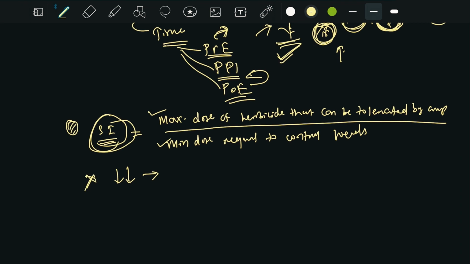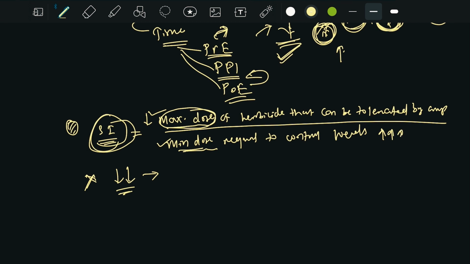Why? Because suppose you are expecting that the selectivity index will be lower. How will it be lower? If the maximum dose that can be tolerated by the crop is lower, then the selectivity index will be lower. Or if the minimum dose required to control the weeds is higher, then the selectivity index will be lower.